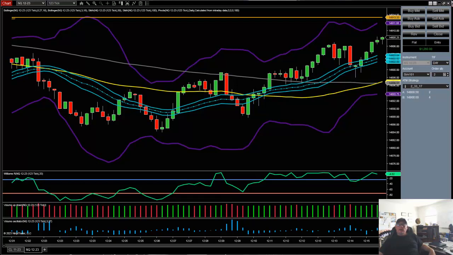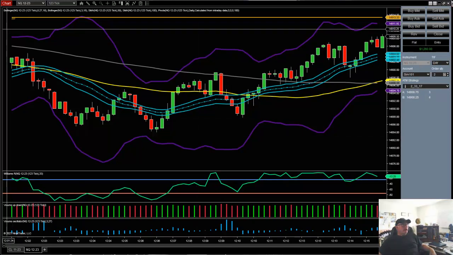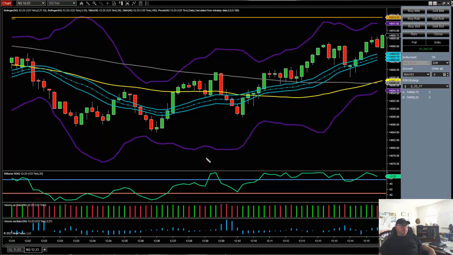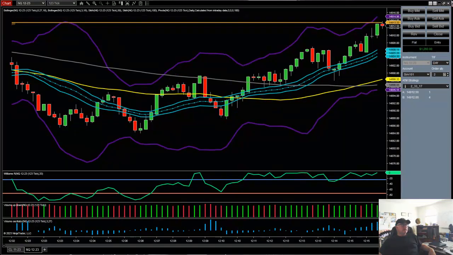So someday I'd like to get back to the tortoise and the hare strategy that I like to use. Got a top formation coming in here, it looks like. One, two, three, fourth time down and through, perhaps.